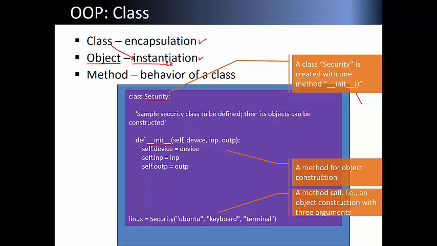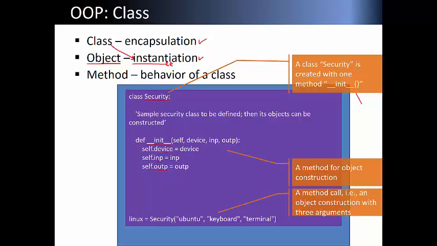This method is for object construction, so that this class security encapsulates device name, input and output. Okay? Device name, input and output.